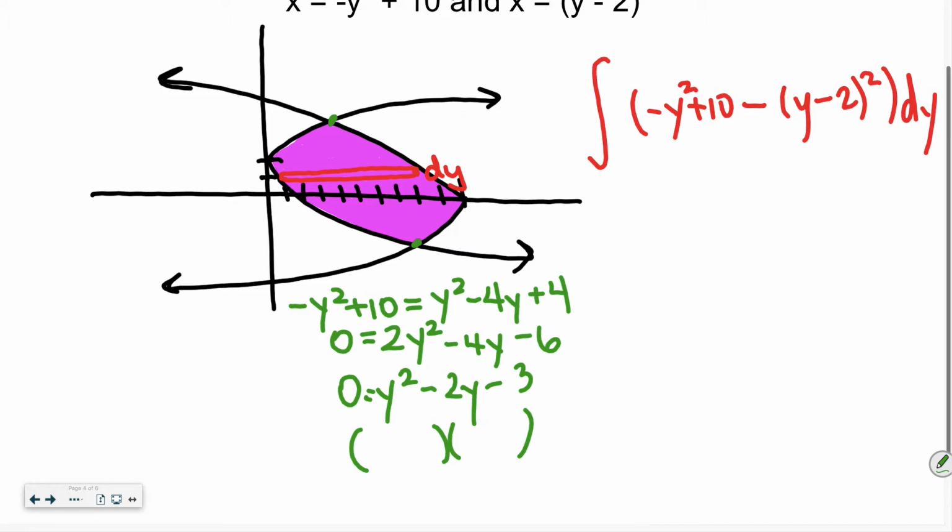All right, what does that factor to? 3 and negative 1. y minus 3 times y plus 1. So that 3 and negative 1 are our intersection points that we would use for our limits of integration.